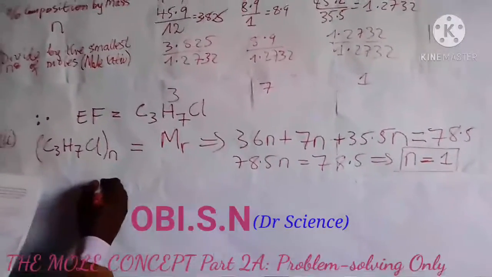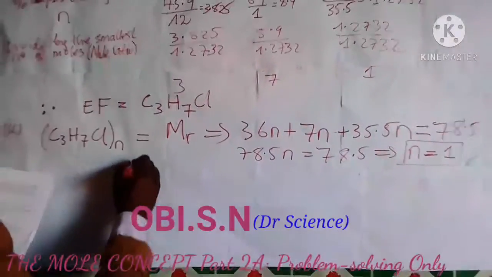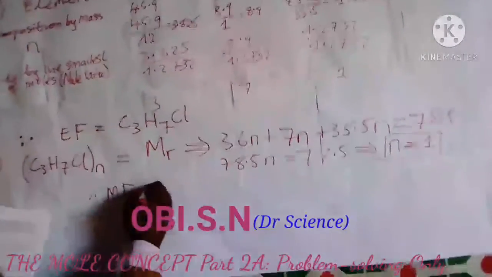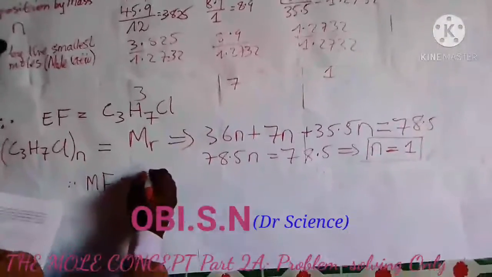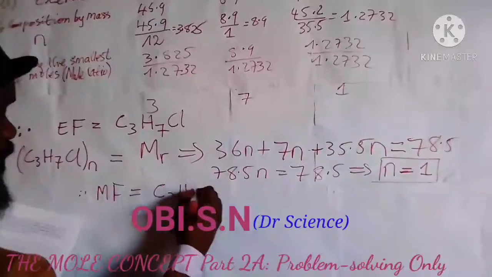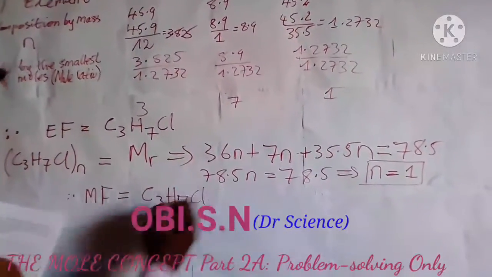Therefore, our molecular formula, which I will abbreviate MF, is equal to C3H7Cl.